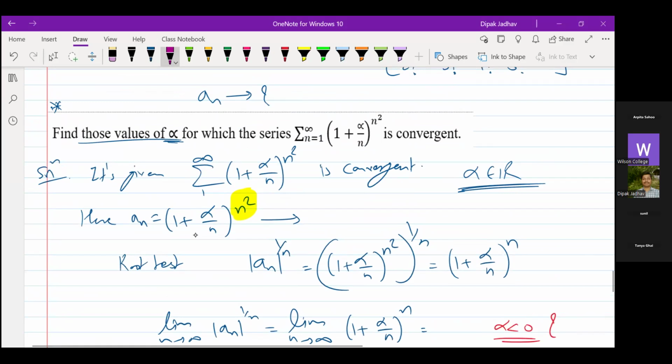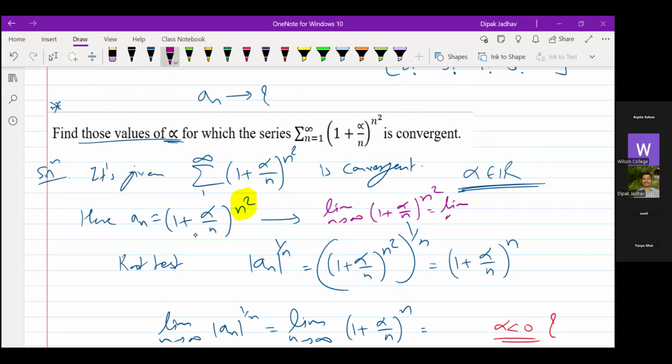Why do you feel it is not going towards 0? Suppose you put alpha equal to -1.